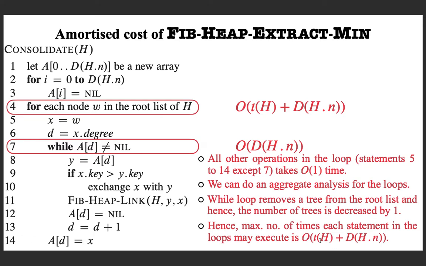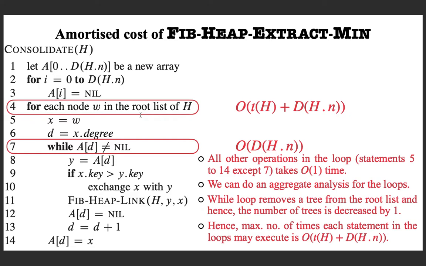Hence you can easily find that the maximum number of times statements 4 to 14 are executed is only the number of trees in the root list. Only these many times, because if this while loop goes for k times, then k trees are taken out, so the for loop will not be executing for those trees.